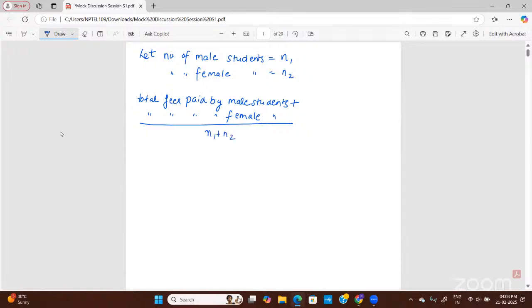So this is the average fees of the college paid by all the students, which is given as 55 lakhs.